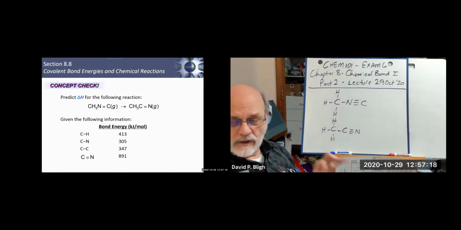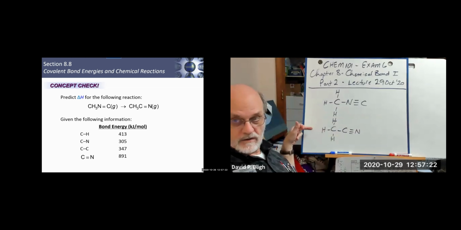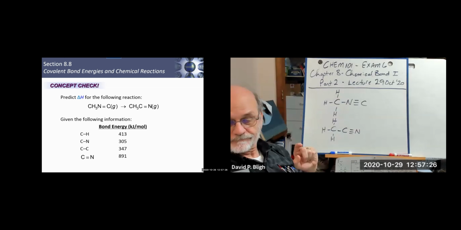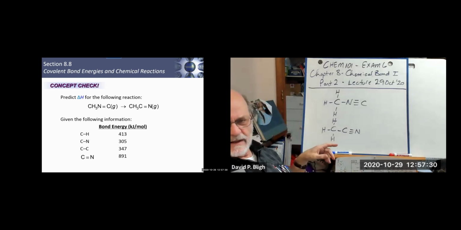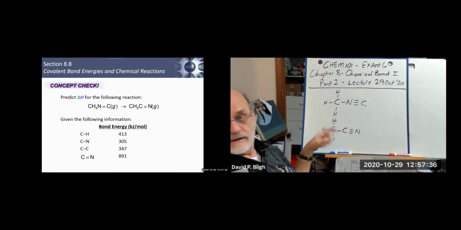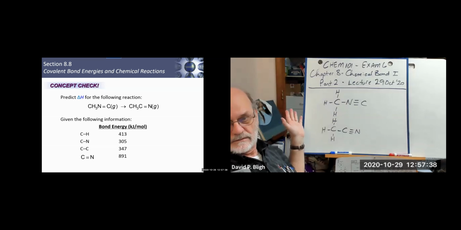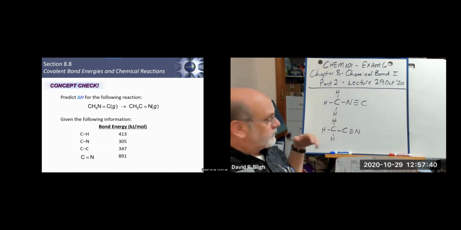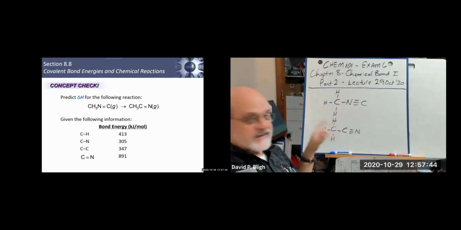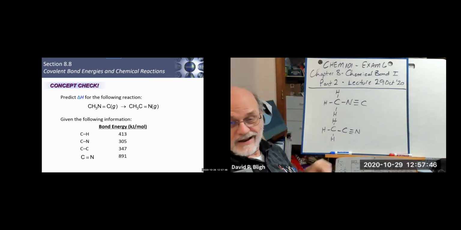So really the only bond that changes from here to here is this one. So we can simplify our work by saying we take this bond energy and subtract those bond energies, you come out with 0. The only one where you get a difference is in these two. So we can take that one and subtract this one and get our answer.